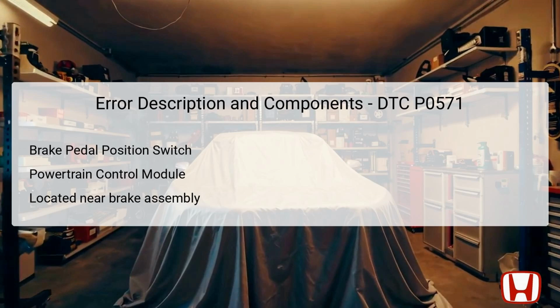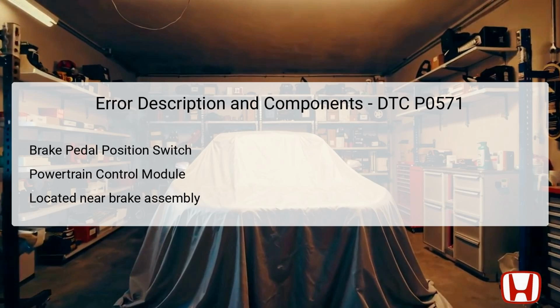The brake pedal position switch is the main component affected by DTC P0571. This switch is mounted on the brake pedal assembly and relays the position of the brake pedal to the Powertrain Control Module, PCM. The PCM is a sophisticated computing unit that manages various engine functionalities, including throttle control and brake functionality, ensuring efficient operation.